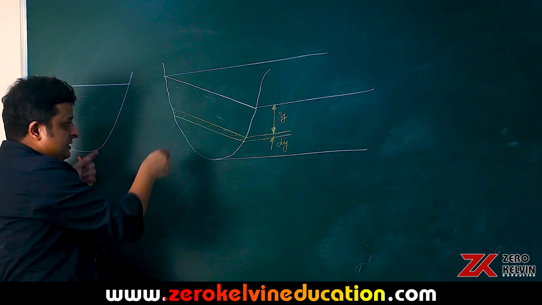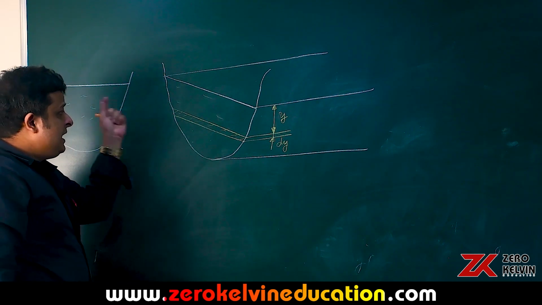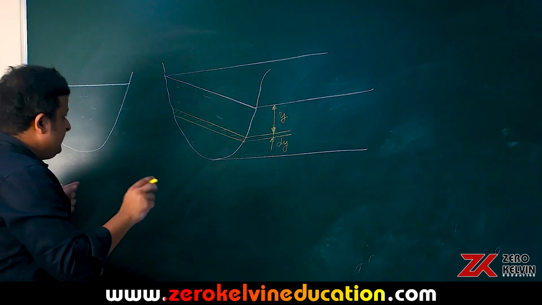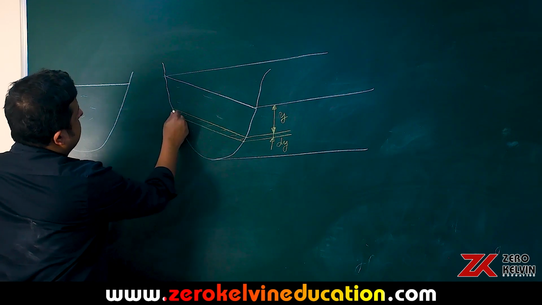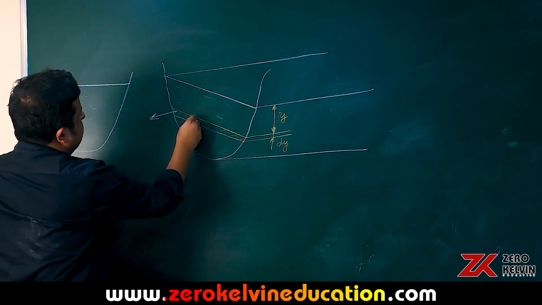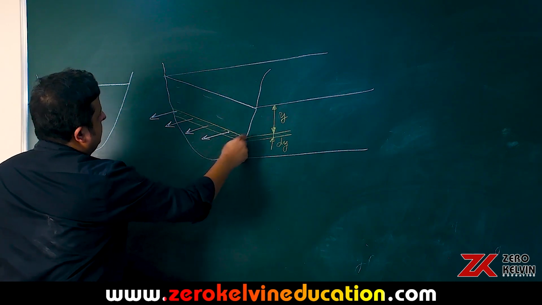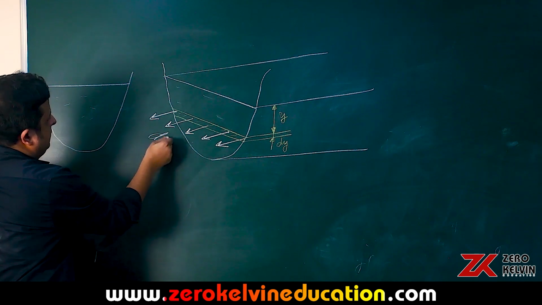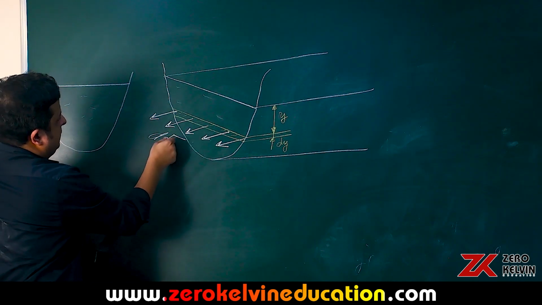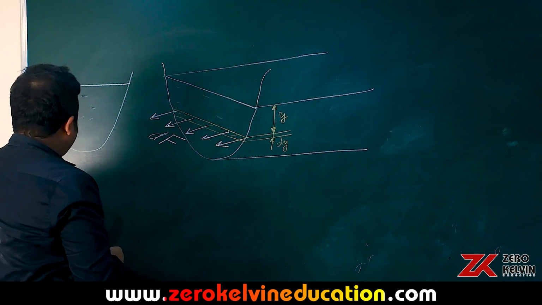So in general we will consider this small strip having area dA. Then let's see, force acts this way. dF, right? So what is dF equal to?